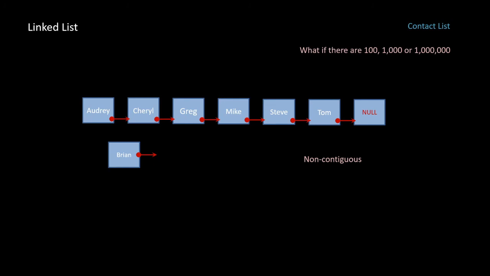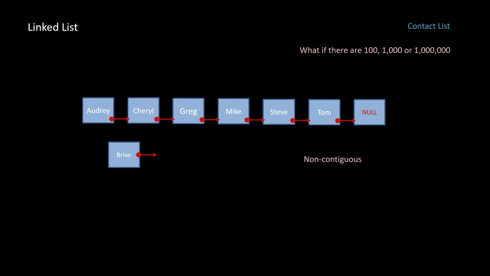Okay, but in this particular case, the way these are linked together is through this pointer. Okay, so each one of these nodes actually has a pointer. So what this implies is that Audrey's memory address could be completely in a different area of storage than, say, Greg's. Okay, so they're not contiguous.